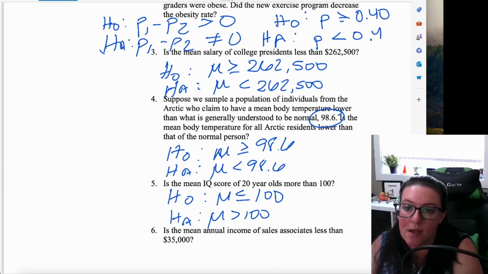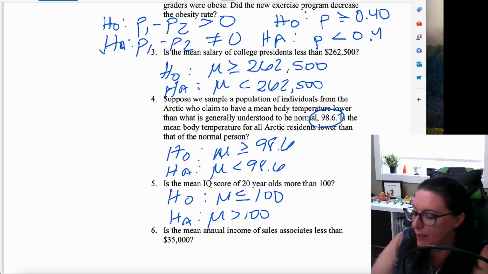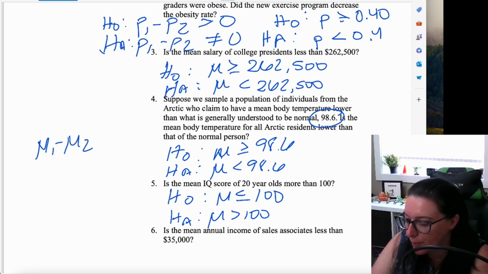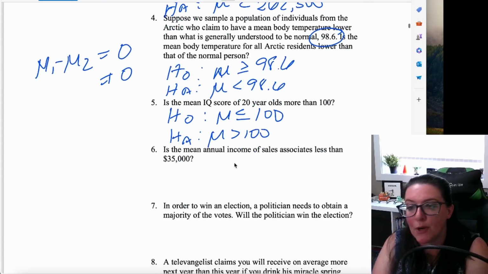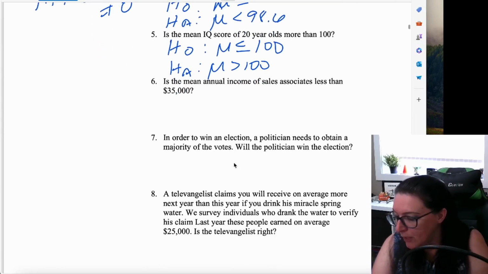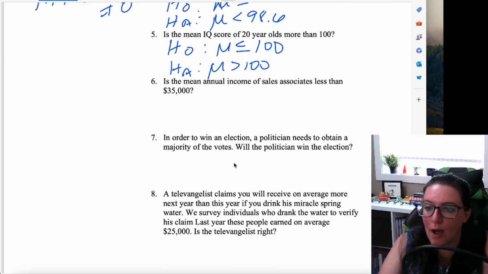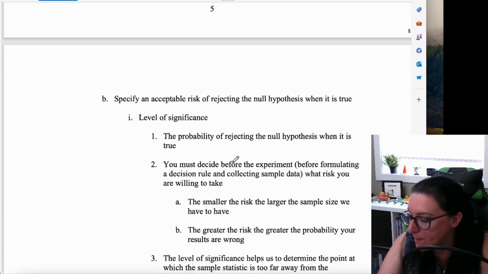Alternatively, if you set this up as comparing one group from the Arctic and one group not, then you would be comparing the average for one group to the average of another group to see if they were equal. So how are you setting it up, comparing it to a number or comparing it to another group? And there's a bunch more here you could try to specify the null and alternative hypothesis.